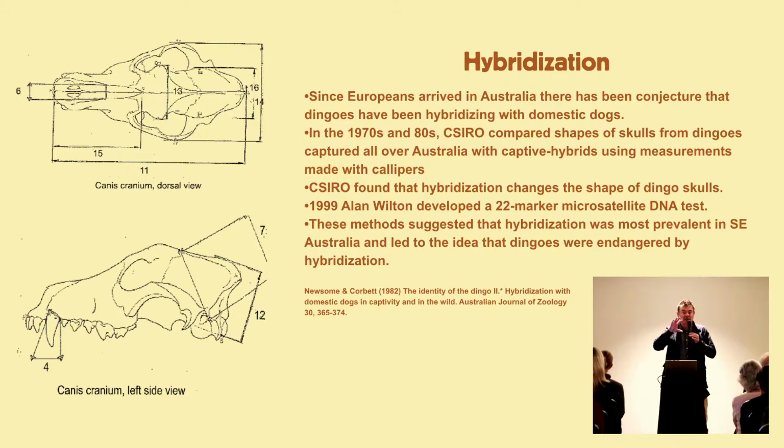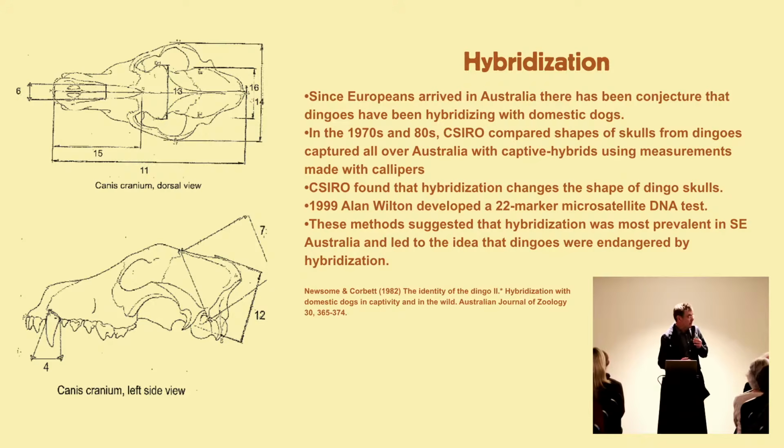And then with the big analysis of the whole data set, they concluded that dingoes were hybridised across much of Australia. Though later research with modern genetics, like Kylie's been doing, and Alan Wilton, who was previously at the University of New South Wales, has given us a little bit more insight into the extent of that hybridisation Kylie was talking about before.